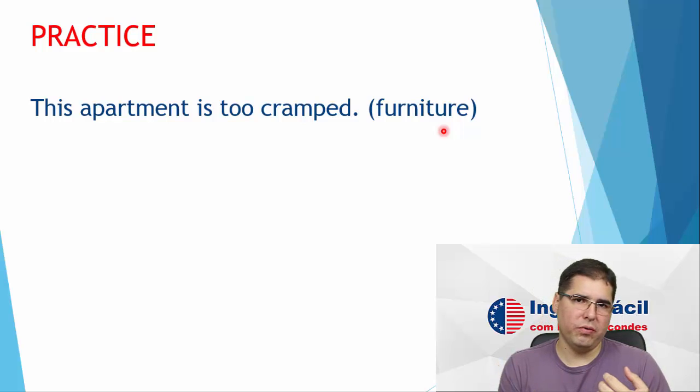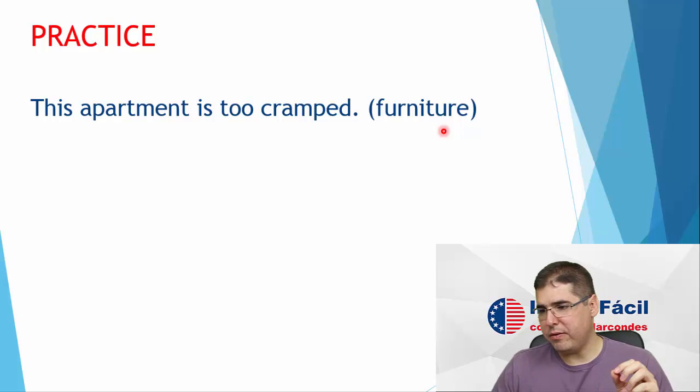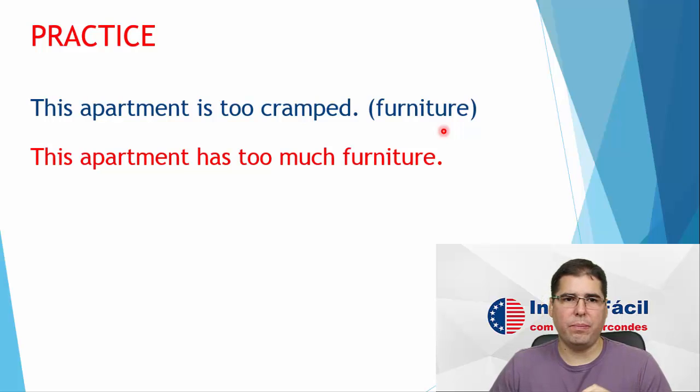I can count sofas, I can count beds, I can count televisions, but I cannot count furniture in general, okay? So I have to say too much. So this apartment has too much furniture, okay? It's too cramped, it has too much furniture.